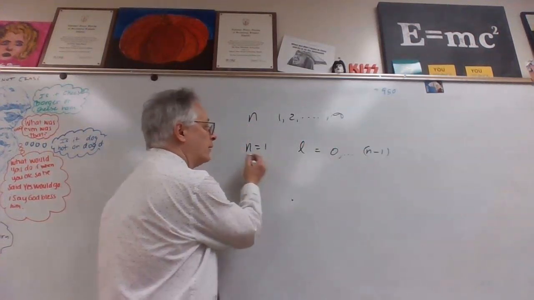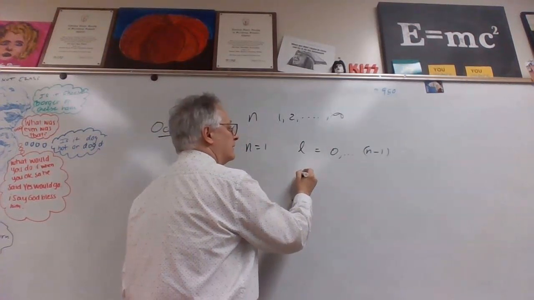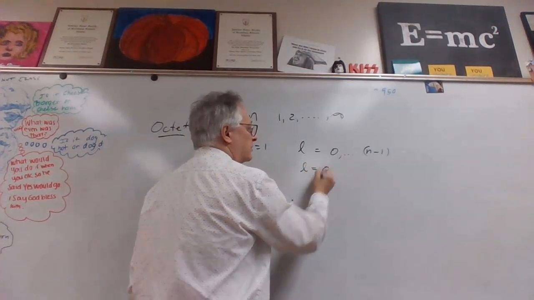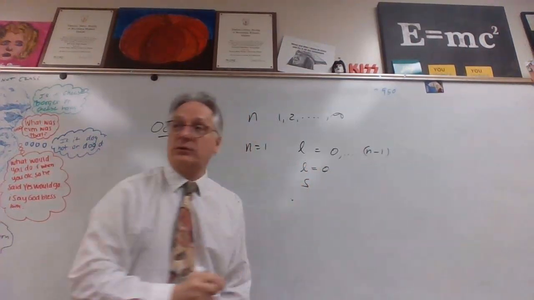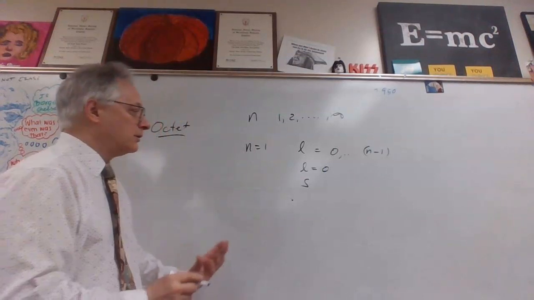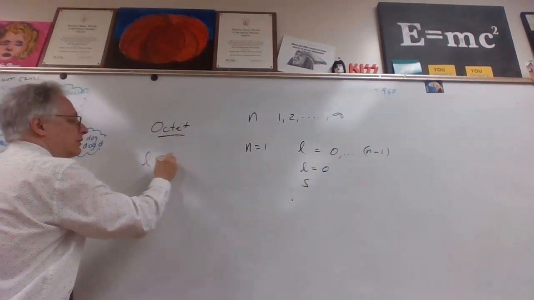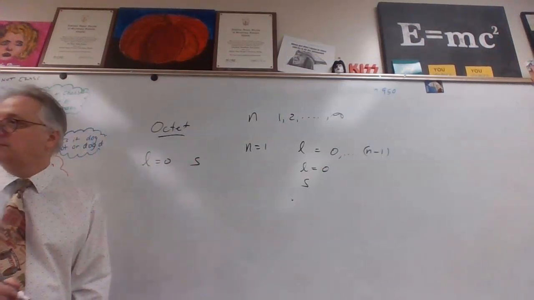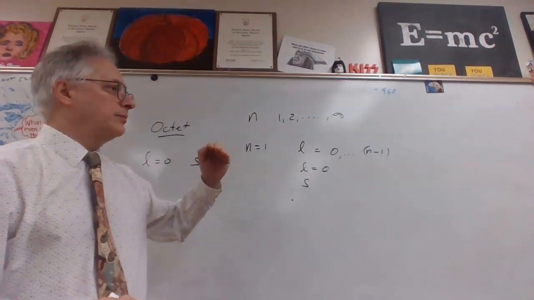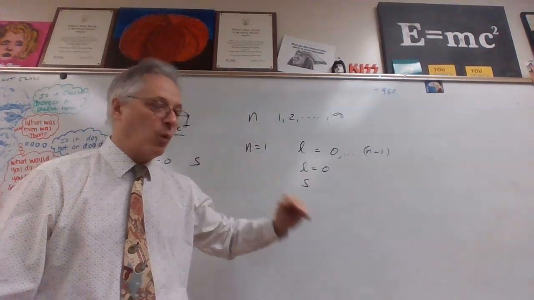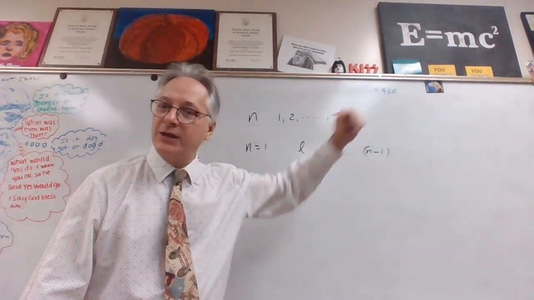So for n equal to 1, we only have an L value equal to 0, so we can only have s orbitals. So remember, L equals 0. Those are s orbitals. And that could be a 1s orbital, a 2s orbital, a 3s orbital.